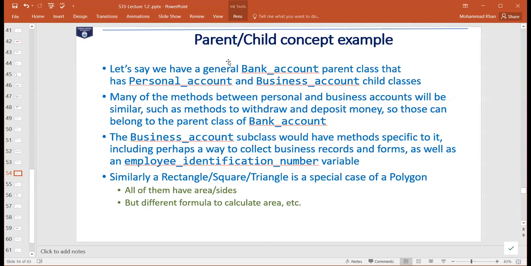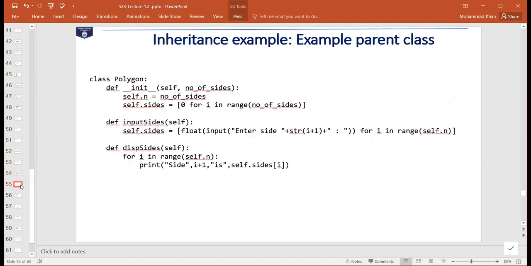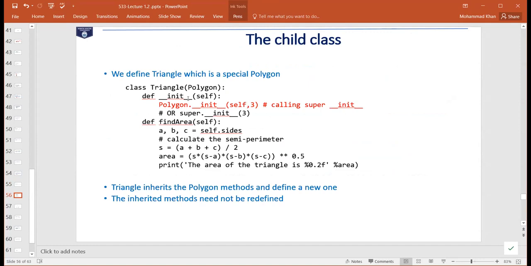It is mainly for self-grading. So for introducing the concept of inheritance, we'll use two classes. The first one is polygon. Polygon means it will have some sides, that's all. And we want to define another class, triangle, which is a child class of polygon.